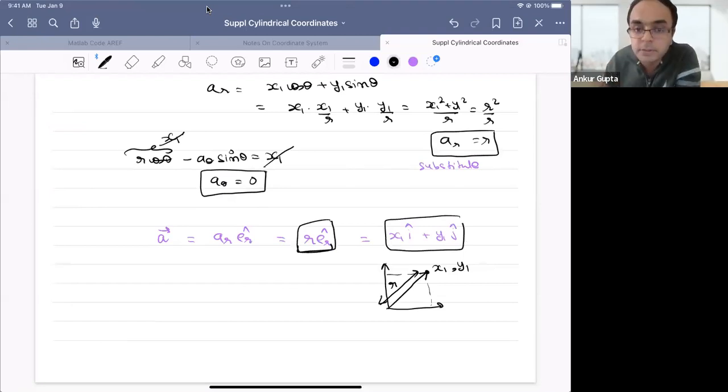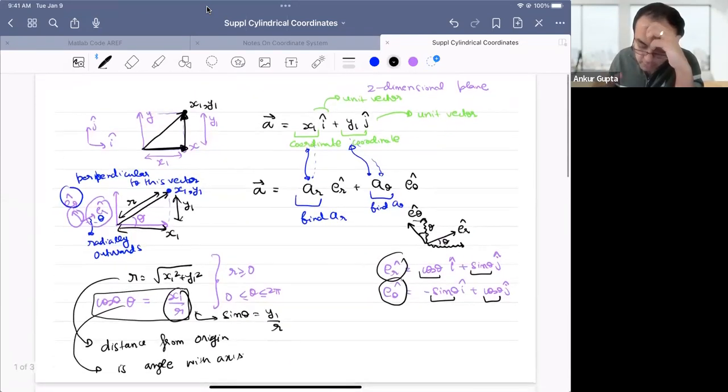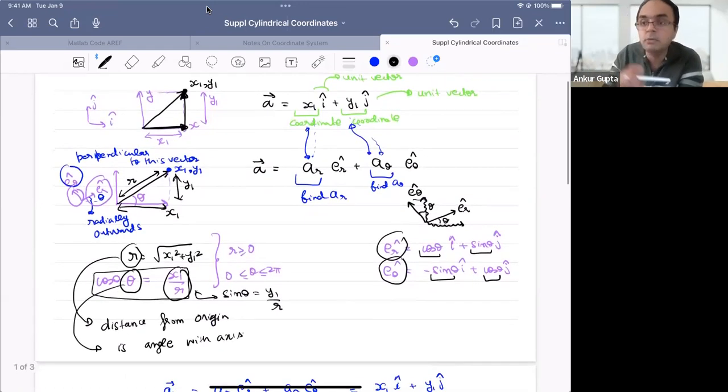So this sort of helps you see how these two coordinate systems are comparable. The whole idea behind a cylindrical coordinate system really is that you are writing x and y in terms of R and theta. R is the distance from the origin, and theta is the angle from the x axis. That is the coordinate choice. And then you also have a unit vector choice, which is e_r hat and e_theta hat. e_r hat is radially outward, and e_theta hat is perpendicular to that direction.